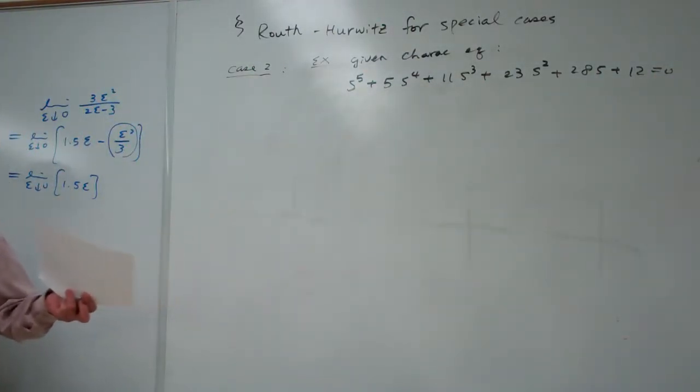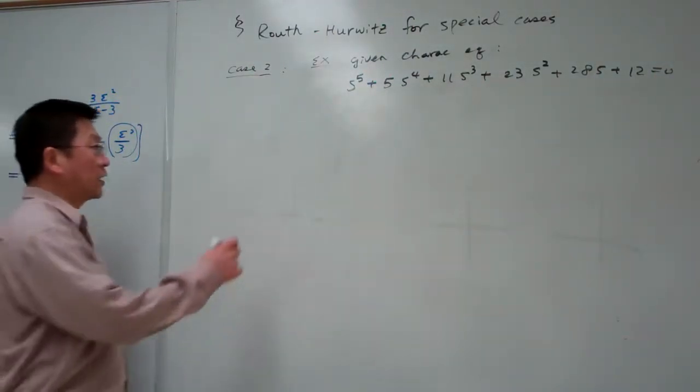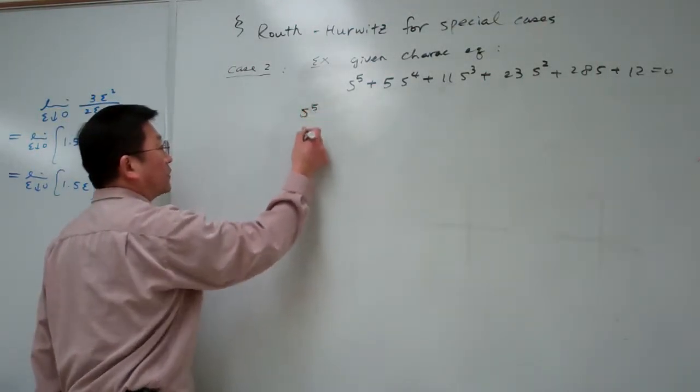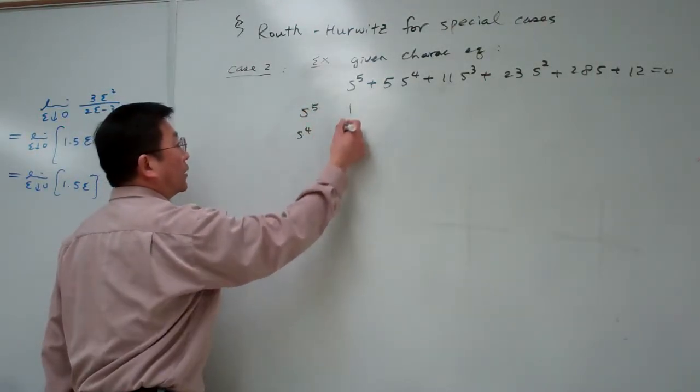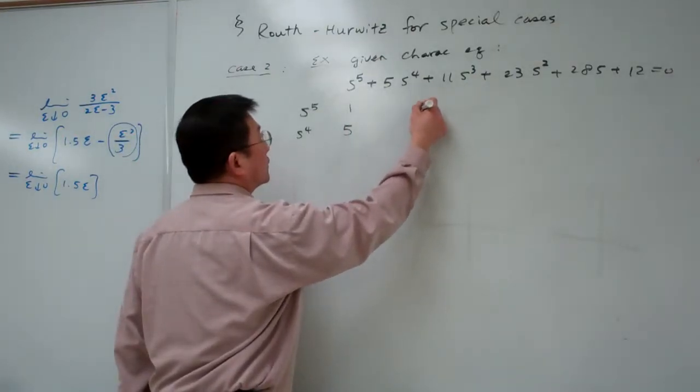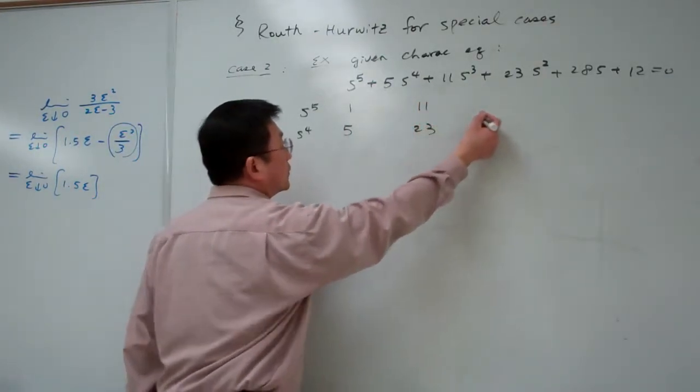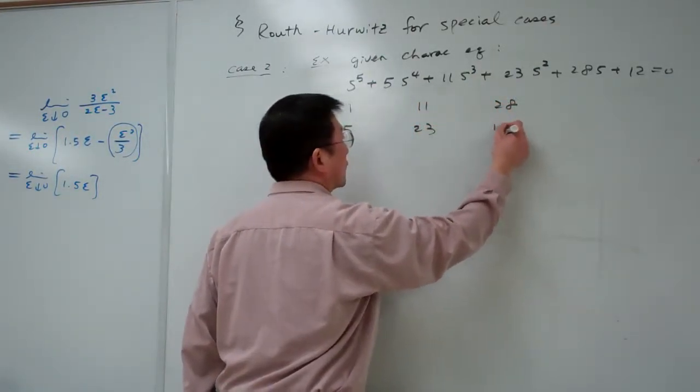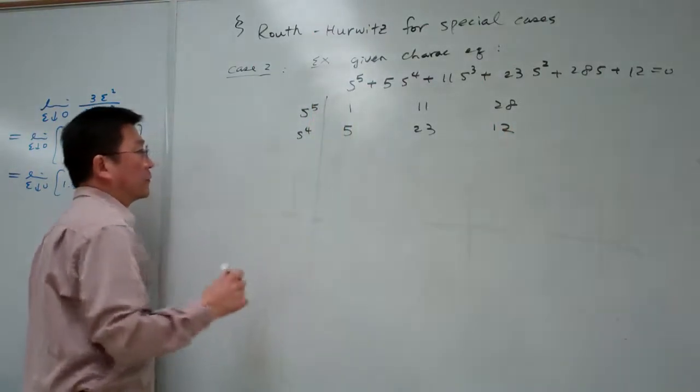For this case, we still apply the Routh-Hurwitz table. So s^5 and s^4: 1, 5, 11, 23, 28, and 12. Okay, so that is given from here.